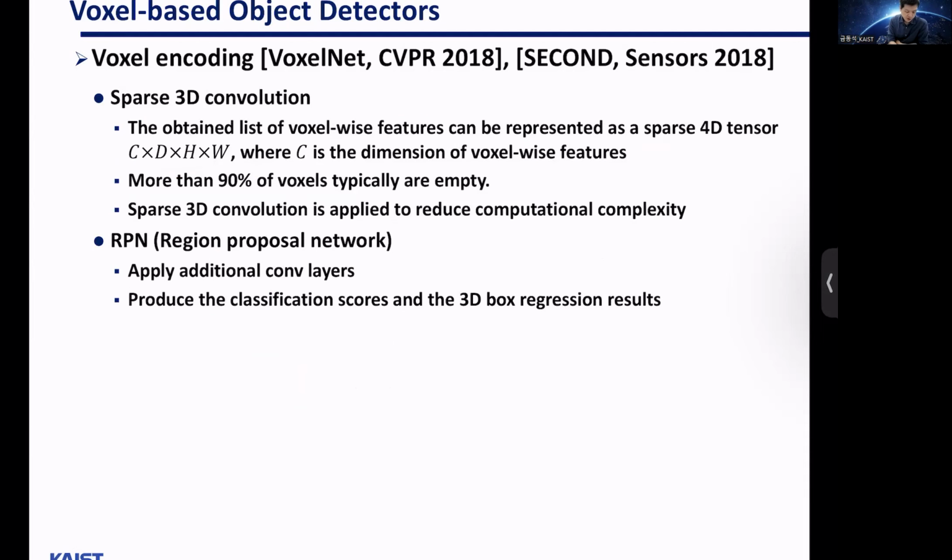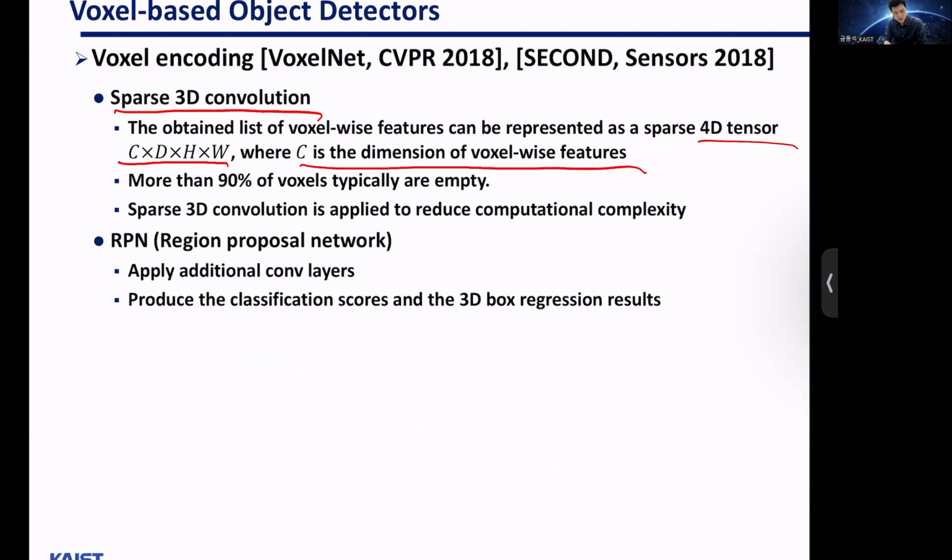And you apply sparse 3D convolution because this is 3D space. You have a 4D tensor, where C is the dimension of voxel-wise features.